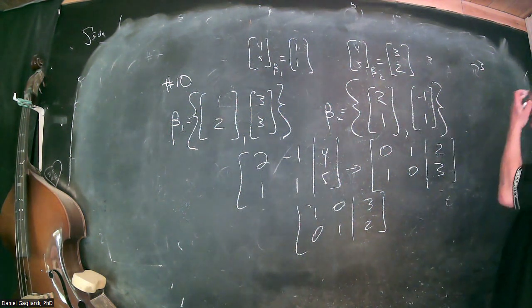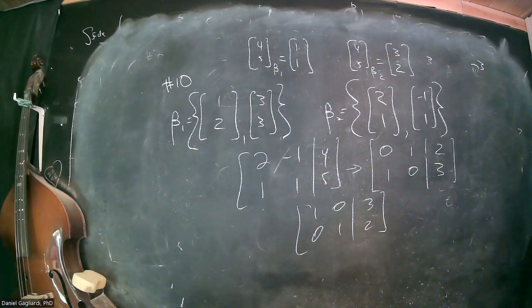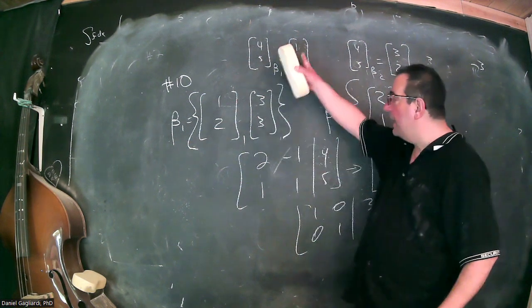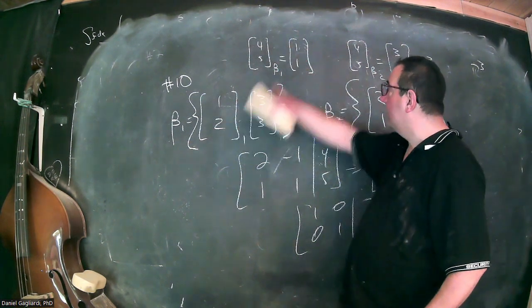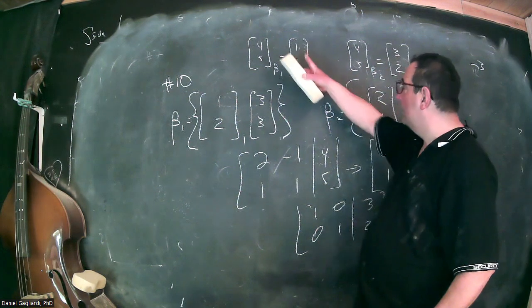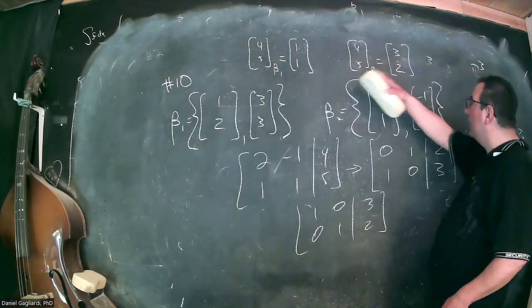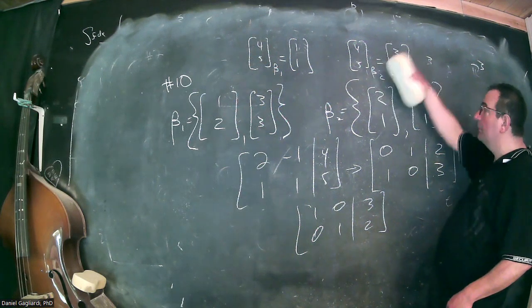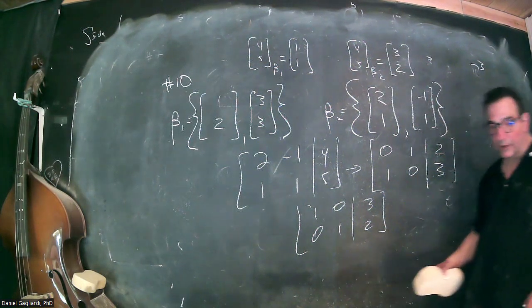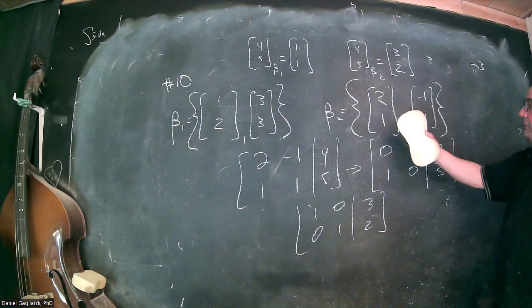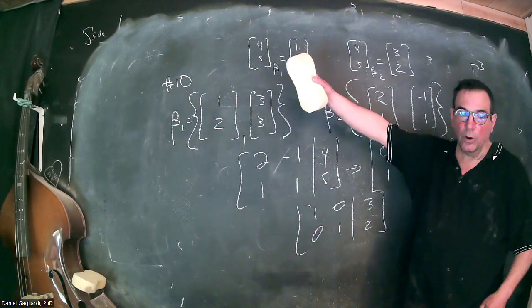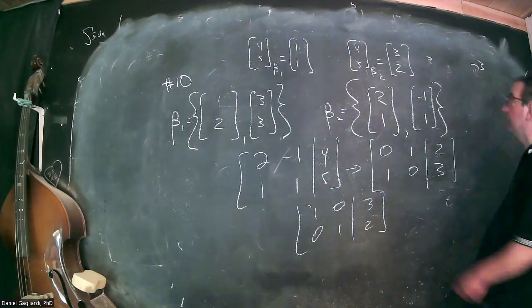All right, so you see the coordinates are different depending upon the basis that we use. The coordinates of (4, 5) relative to basis 1 is the vector (1, 1), and the coordinates of (4, 5) relative to beta 2 are (3, 2).